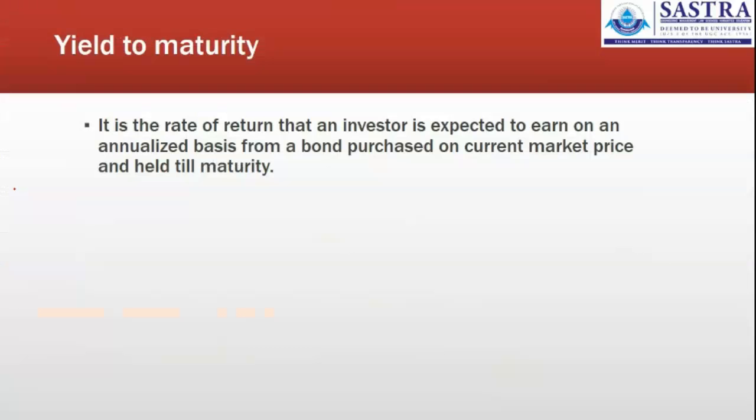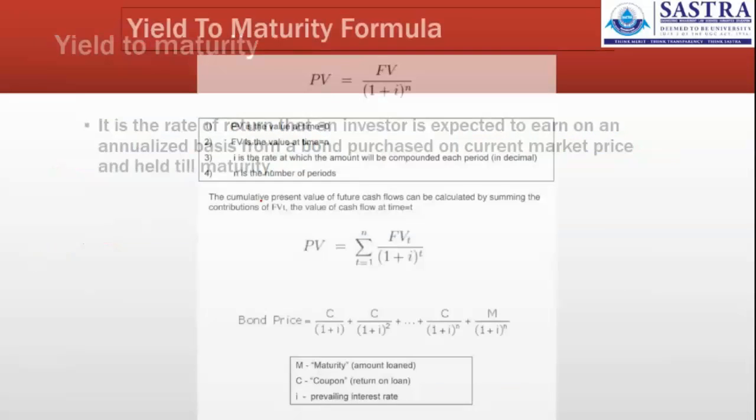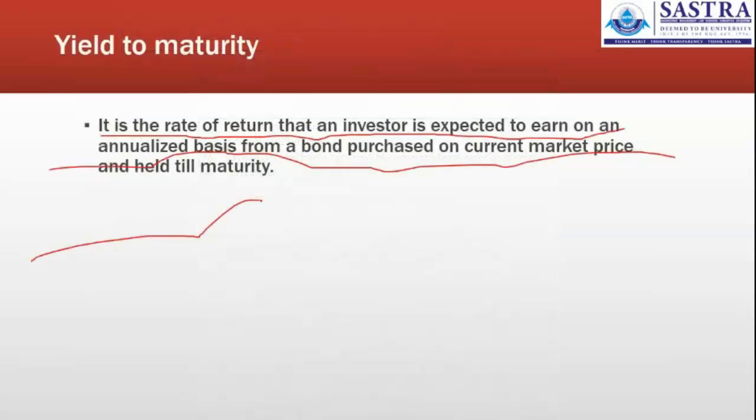It is easy. So till the maturity period, the return is going to be calculated. Here you can know it is the rate of return that an investor is expected to earn on an annual basis from the bond purchased at the current market price till the maturity period. So it is going to be bought from the current market and is expected to be held till the maturity period.